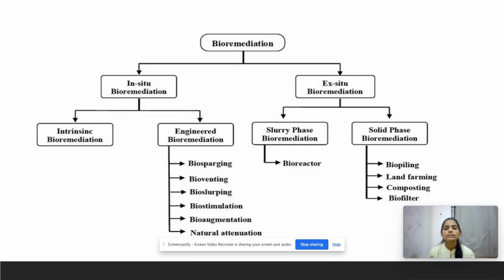The air is sent into the piled areas with the nutrients and aeration. In land farming, the contaminants are taken out from the contaminated area and mixed on the land to make it biodegradable.